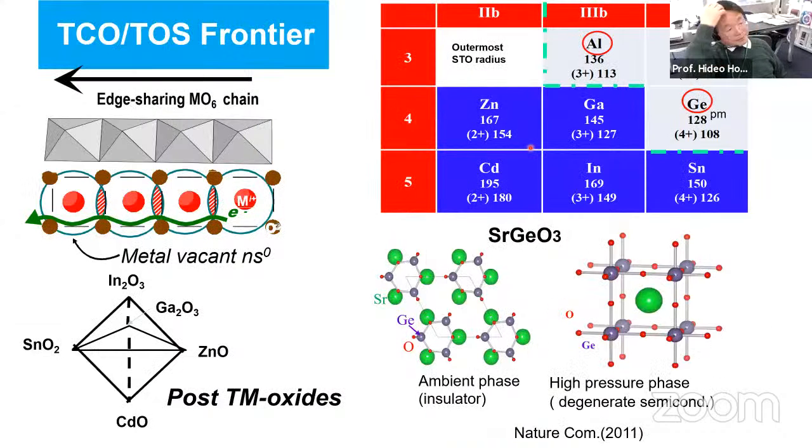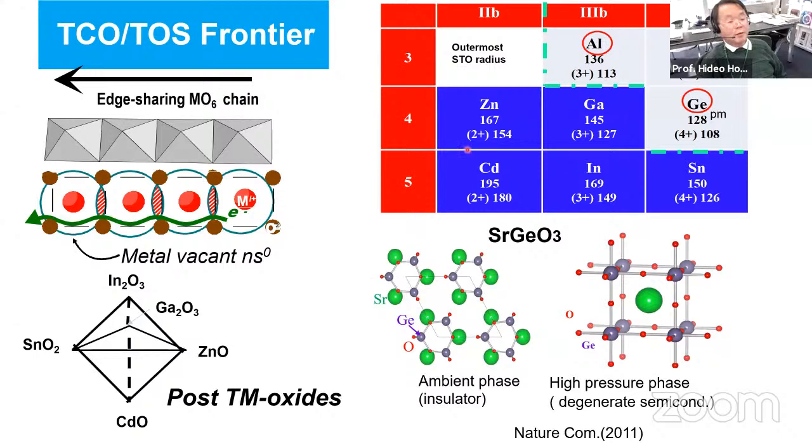From here I show the frontier extension of transparent semiconductors. Zinc, cadmium, indium, gallium, and tin oxides are classical semiconducting oxides. Of course, TiO2 is inside this region.